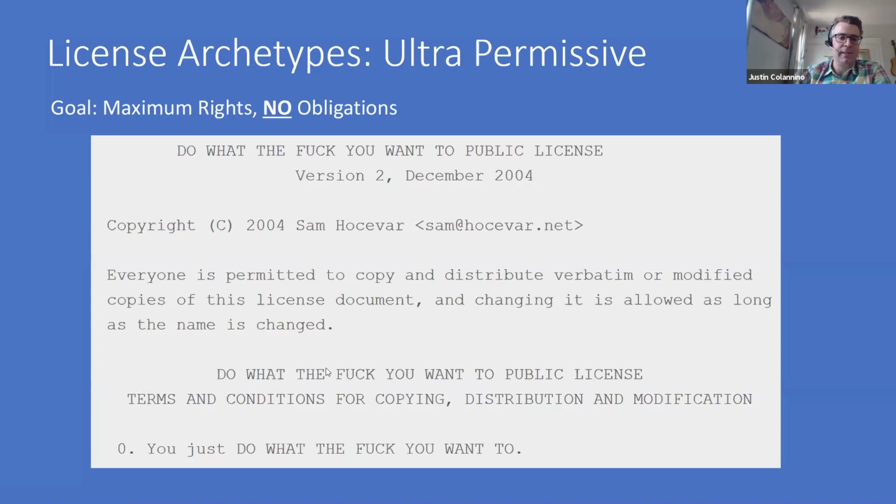So this parody license is a liability machine for people who put their software under it, though they might say in defense, hey, did you really think that I was giving you a warranty with that license?